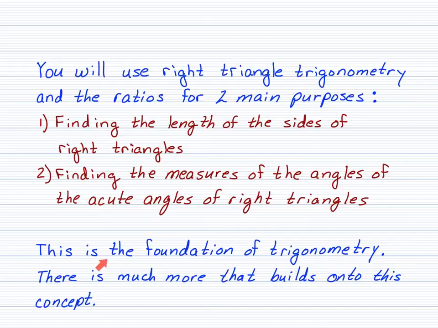Now, this is the foundation for trigonometry. These trig ratios and the trigonometry that we are doing in this section. And what that means is that there is much, much more to come in regards to trigonometry, and everything is going to be built on from this concept right here.